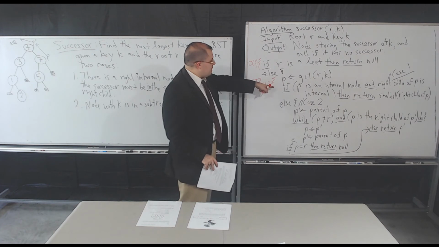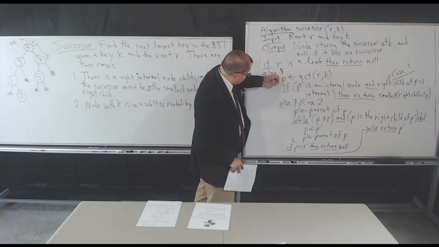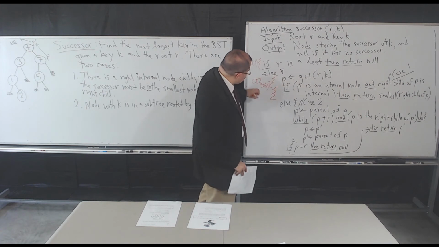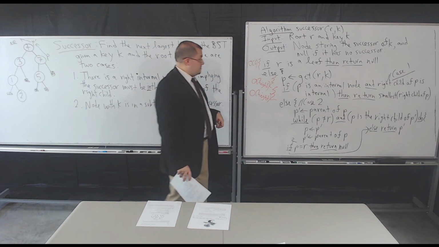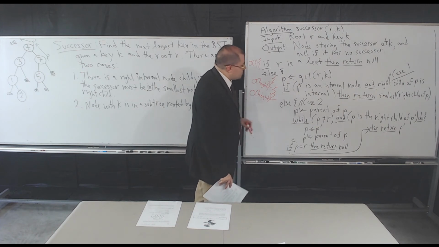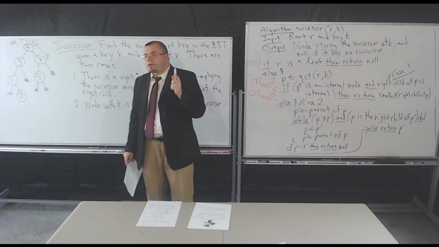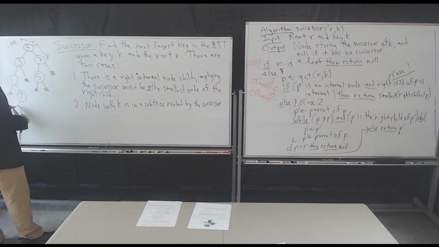Okay, how about case number 1? Case number 1, it computes the smallest, right? So this is going to take big O of the height if it occurs. So if it happens, you're going to deal with big O of the height. How about this? There's a very real possibility that I might be computing the successor. Actually, I'm missing the leaves down here.